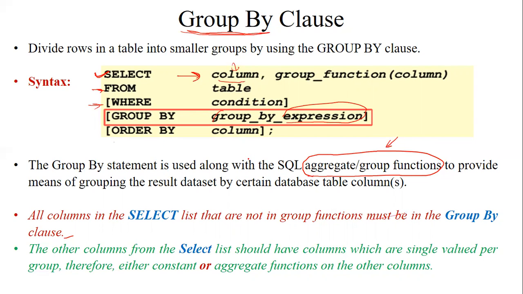The other columns from the select list should be single valued per group, so either a constant or an aggregate function must be applied on the other columns. So you have to remember these two things. The first is mandatory: whatever column you specify in the GROUP BY clause will be a part of the select list.